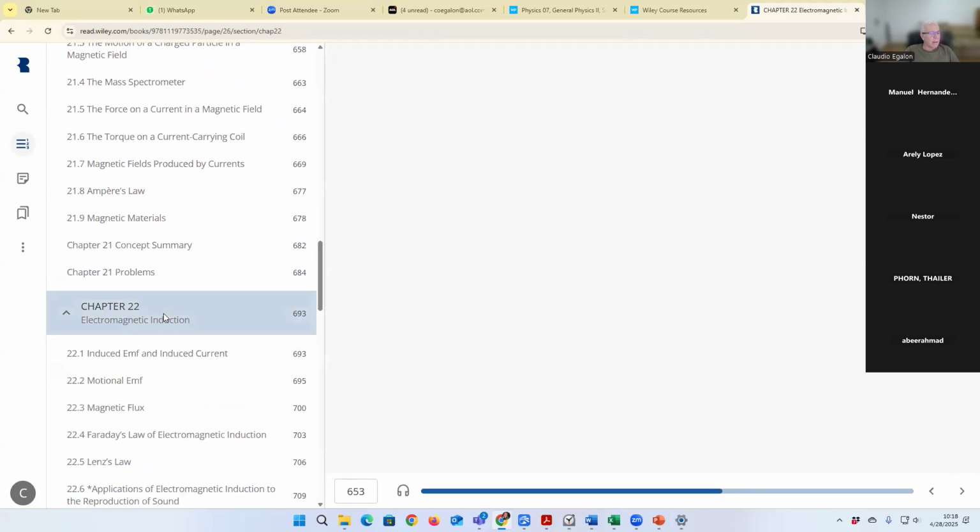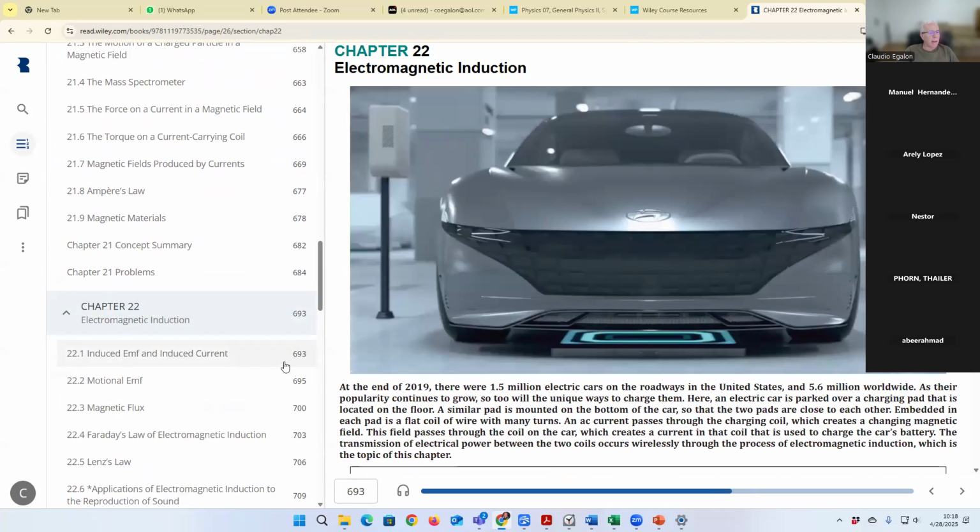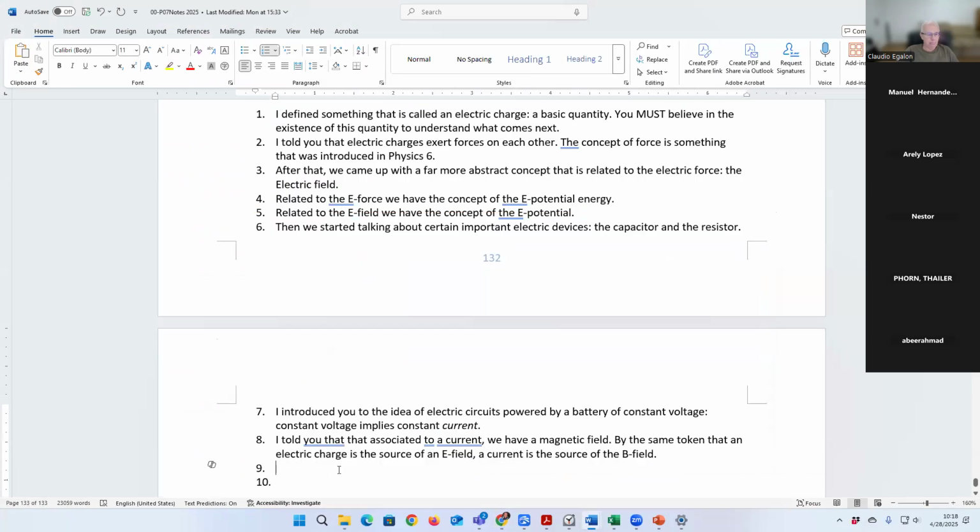Then I introduced you to the idea of electromagnetic induction, another law of physics.